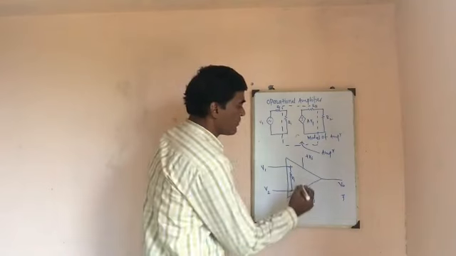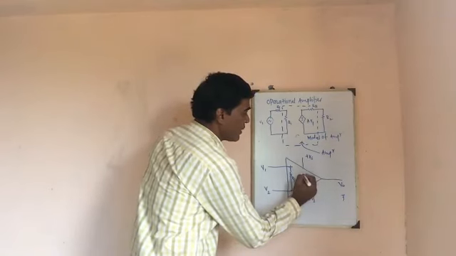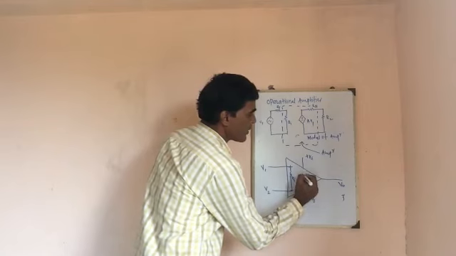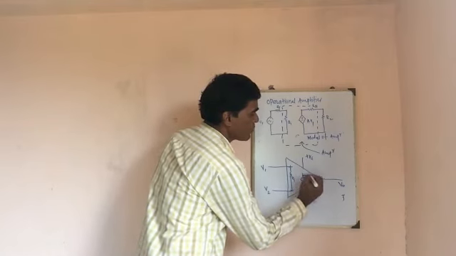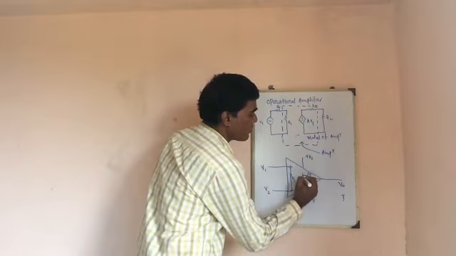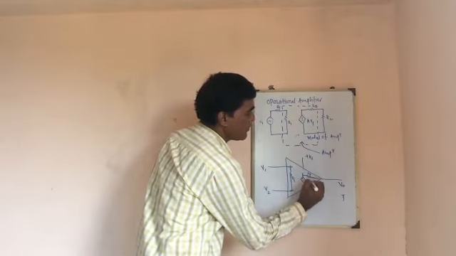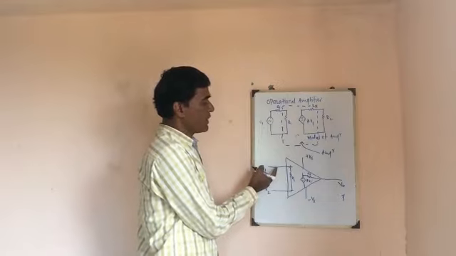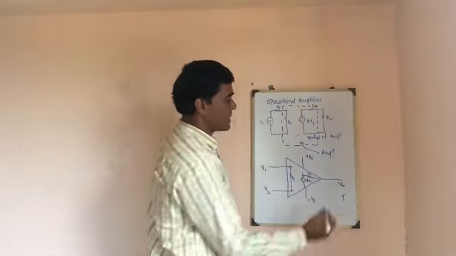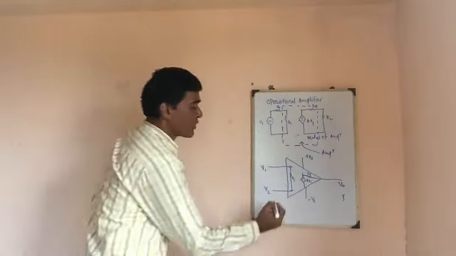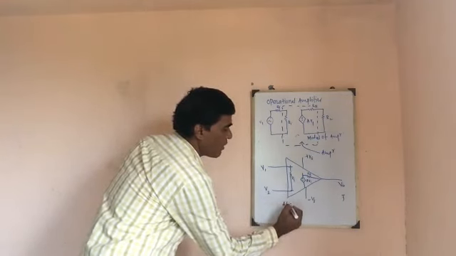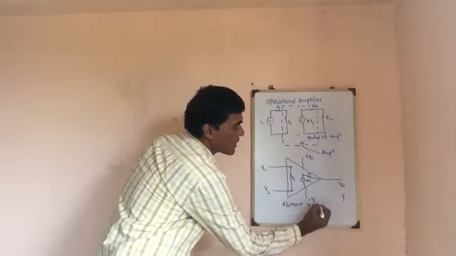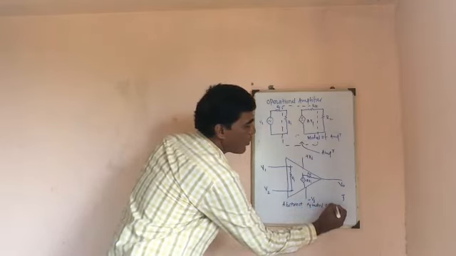Then I need to represent the dependent voltage source and output resistance. This is Ro, plus minus A into Vi, where Vi is the differential input, the input between the inverting and non-inverting terminals, and we get the output. This is known as the abstract symbol of an op-amp.